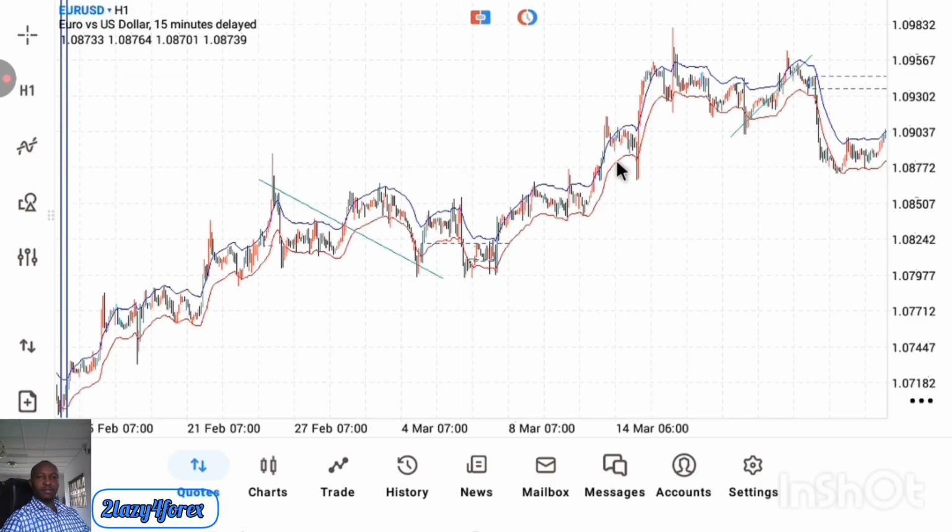Look at it. Price went all the way up here before another movement happened. So that means you could have been in profit from somewhere here to here. That's a very good profit potential.